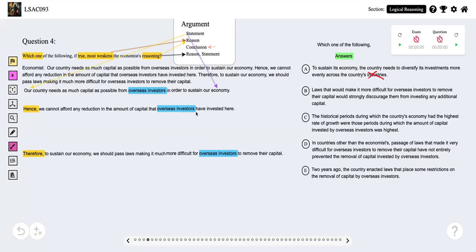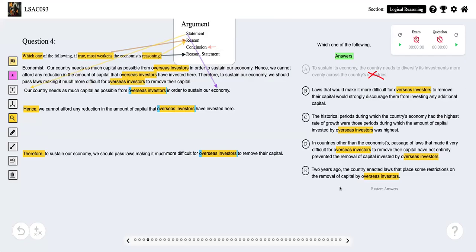So once again, it doesn't have overseas investors, so I'll deselect that answer. Once again, I'll look at the fluid text editor and take the highlighter tool. When I look at overseas investors, I see that we have it in the remaining 4 sentences.